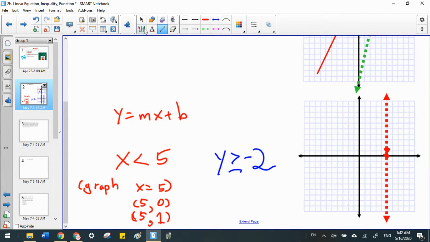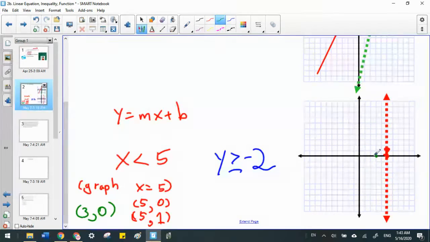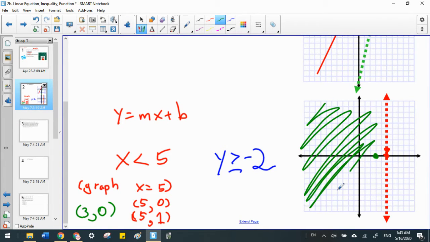Now, when you have to pick points for true values in this inequality, you really just have to pick a point where the x value is smaller than the number they gave you. So in this case, x is supposed to be less than 5, so I can pick 3. It doesn't matter what the y value is. Once you pick a point on one side of the inequality, that means all the points on that side of the inequality are your solution.